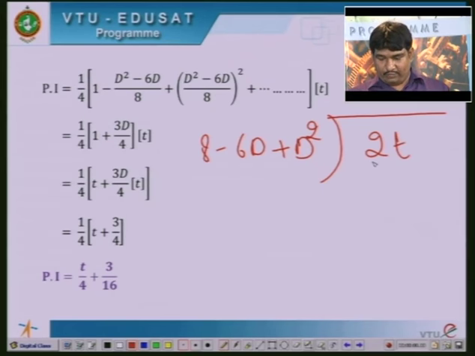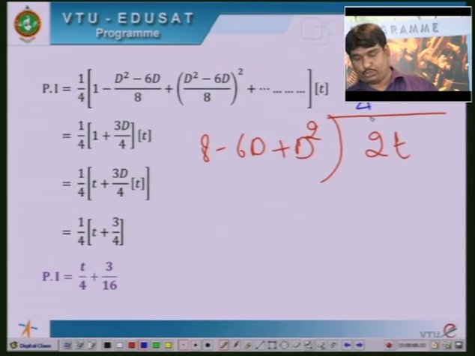I'll multiply 8 with 1 by 4 into t to get 2t. I need 2t to be multiplied, normal division technique. So if you multiply by t by 4, 8 times t by 4 is 2t.